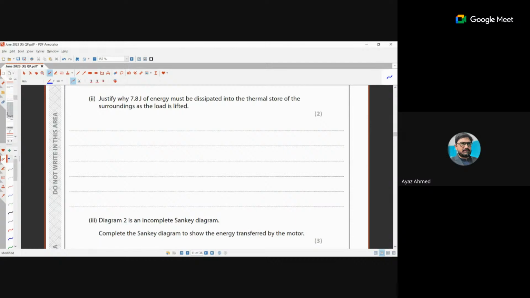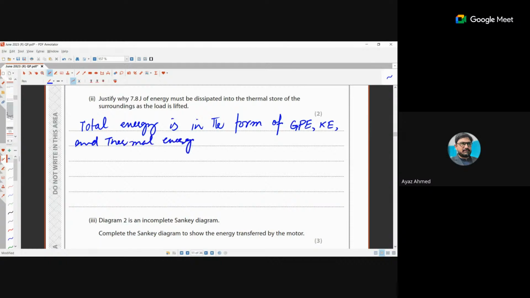So you can say that the total energy is in the form of gravitational potential energy, kinetic energy, and thermal energy.